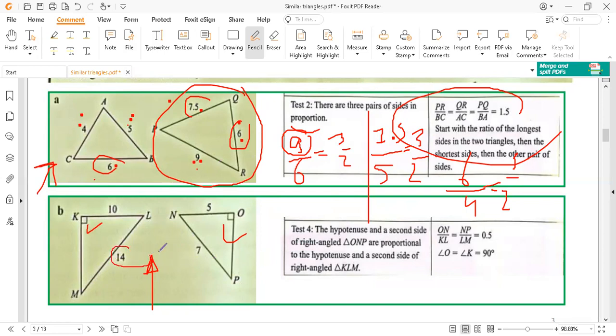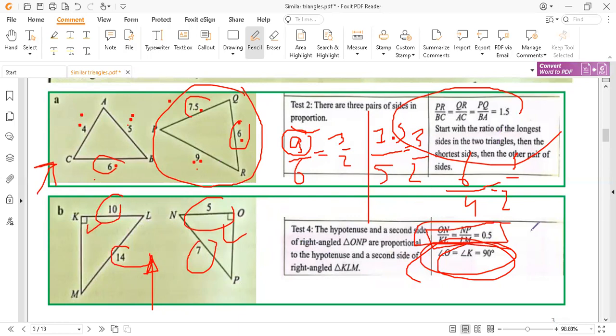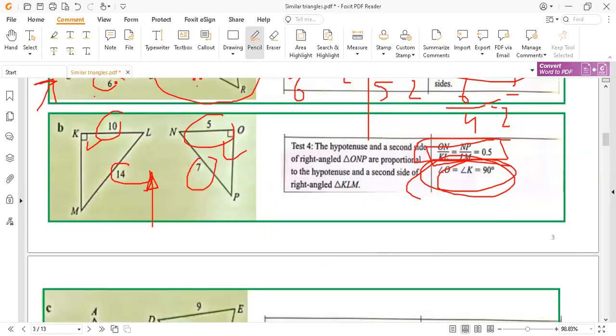So we have 14 and 7: 14 over 7 equals 2, and 10 over 5 also equals 2. So yes, they are in proportion, and it is sufficient to have these two ratios equal.